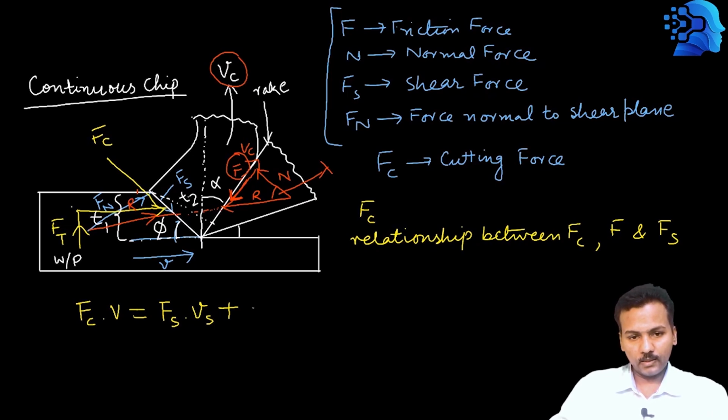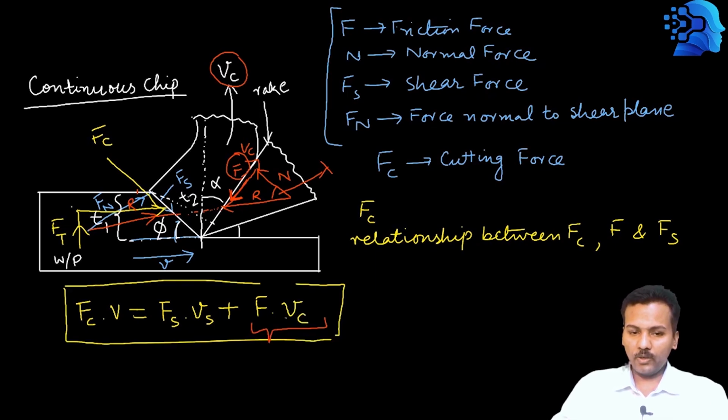This can be written as F into chip velocity Vc. This factor F into Vc is the power loss.